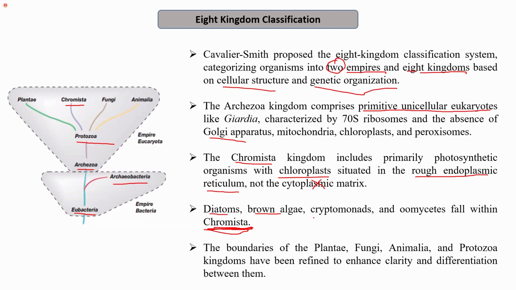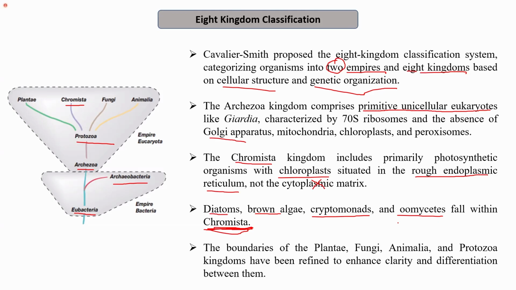Diatoms, brown algae, cryptomoniads, and oomycetes, those photosynthetic protista, were now placed into the kingdom Chromista. And therefore, the boundaries of the kingdoms Plantae, Fungi, Animalia, and Protozoa have been refined to enhance the clarity and differentiation between them.